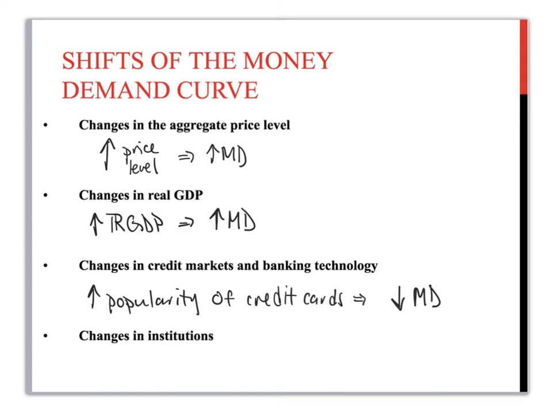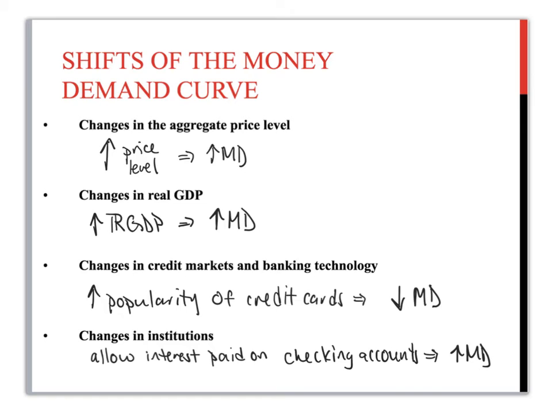And finally, changes in institutions will affect the money demand curve. So for instance, historically, interest was not allowed to be paid on checking accounts. It was allowed to be paid in savings accounts, but not in checking accounts. But when banks started being able to pay a small amount of interest on checking accounts, then people wanted to hold more money in checkable deposits, which increases the money demand.